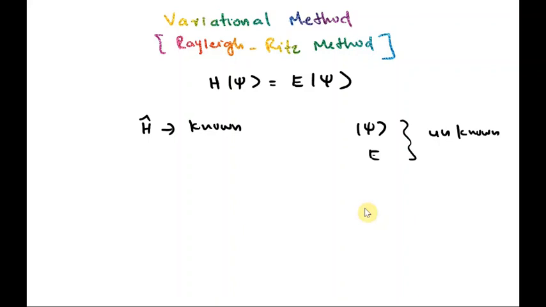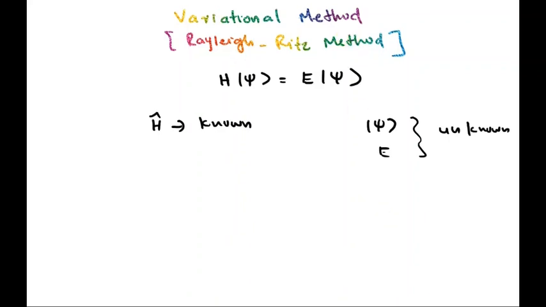So what is this variational method? We have seen in classical mechanics deriving Euler-Lagrange's equation of motion from the principle of least action, or principle of stationary action.